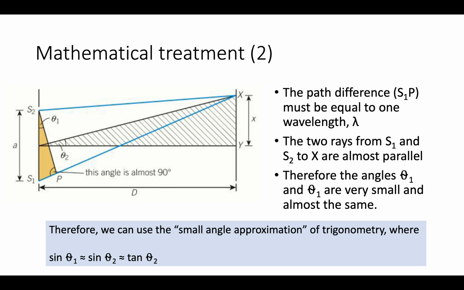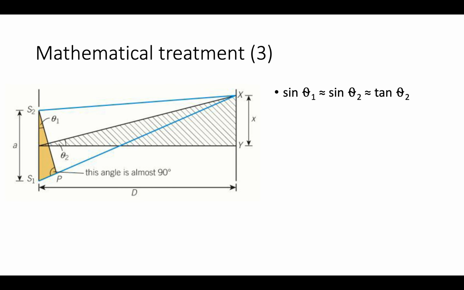So we're going to use this small angle approximation. Here it is, the sine of θ1. The sine is the opposite over the hypotenuse. The opposite is that distance from S1 to P, and we know that's one wavelength, so that's lambda.